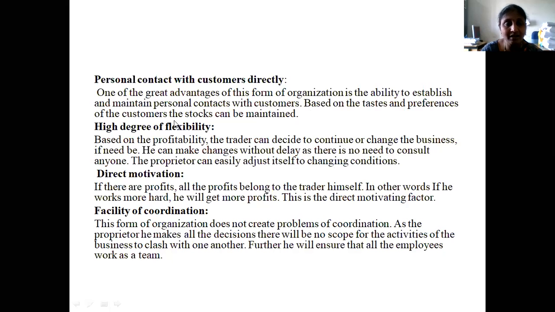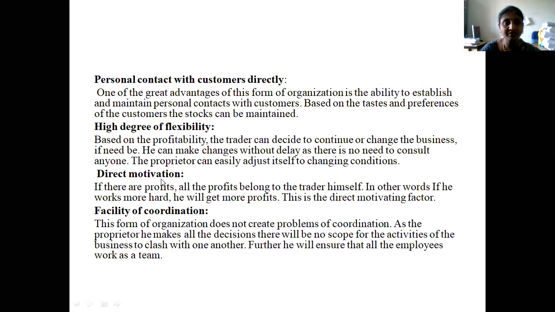That's why you have more flexibility. Whatever changes you are going to adopt, you can do them. Okay? So what does the proprietor have to do? The proprietor can easily adjust to the changing conditions. Based on the changing market conditions, he has to adopt the changes for the development of that business.